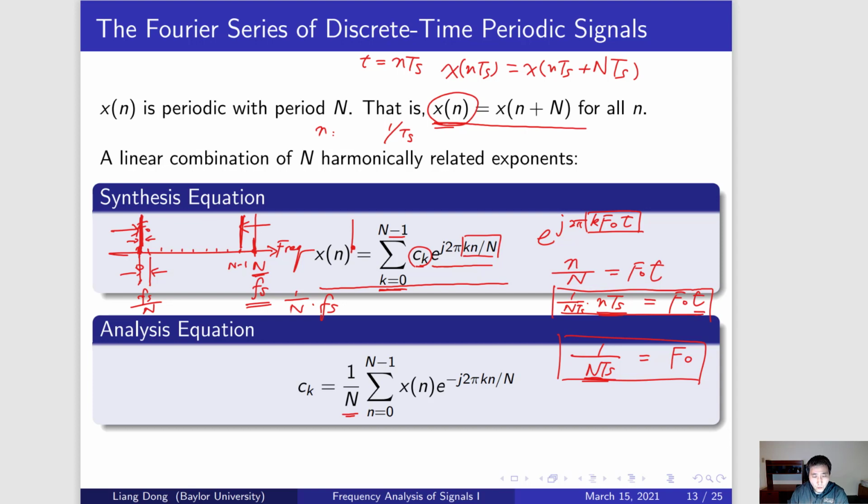Because now we are dealing with a discretized signal with a discretized time index n, we are using summation instead of integration over t. So it's a summation within one period, n from 0 to N minus 1, of x[n] times this, and compared with that, we are using e to the power negative j 2 pi n k over N. So this is the analysis equation.